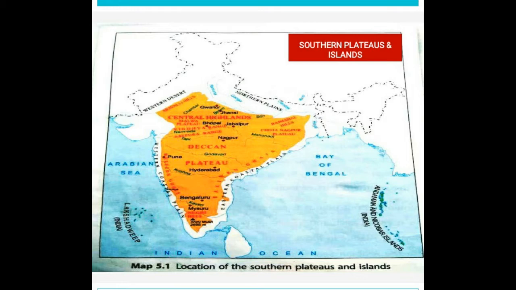Many rivers of the Central Highlands join the Yamuna and the Ganga from the south, and Chambal, Betwa and San are a few of these rivers. The Chota Nagpur Plateau covers the areas of Jharkhand, northern Odisha and northeastern Chhattisgarh. This region has large deposits of coal and other minerals.